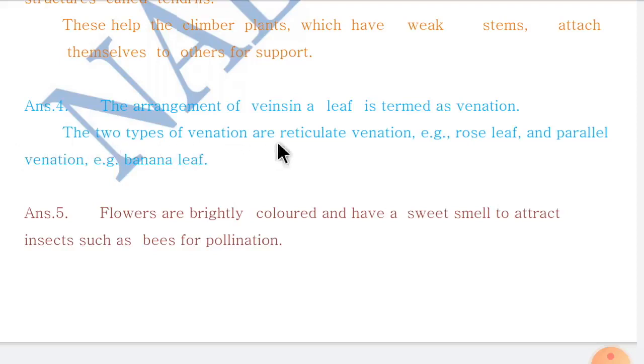The two types of venation are reticulate venation, for example rose leaf, and parallel venation, for example banana leaf. Two types of venations are there, reticulate and parallel.